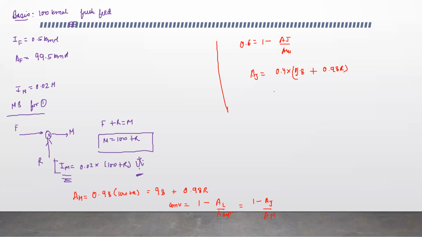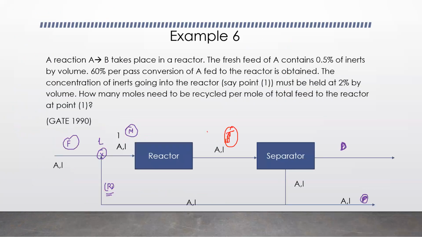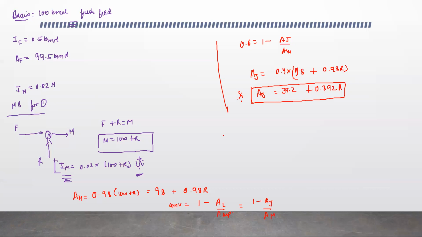So this is going to be 39.2 plus 0.392 R. That is the A left. So A over here is 39.2 plus 0.392 R.